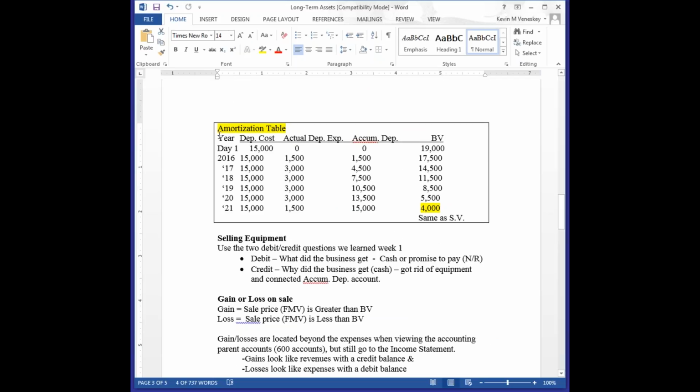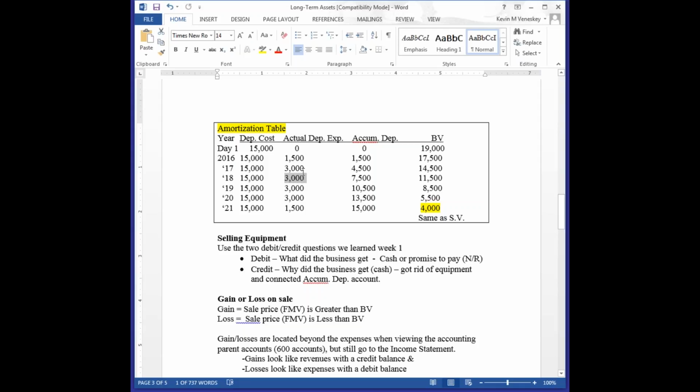Because if I look back to my amortization table, the part here in gray I've already done in prior years. I've already taken care of the 2016 partial year. I had it for all of 2017. But in this new year, 2018, I haven't done this entry yet, and I shouldn't have because I haven't had it the whole year yet. I'm now ready to sell my asset most of the way through 2018, but not completely all the way through.